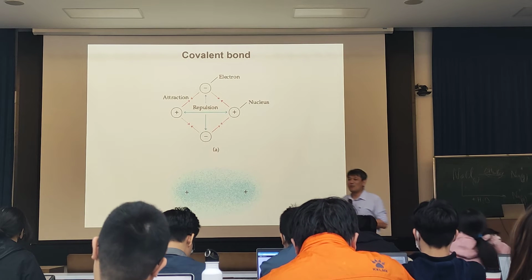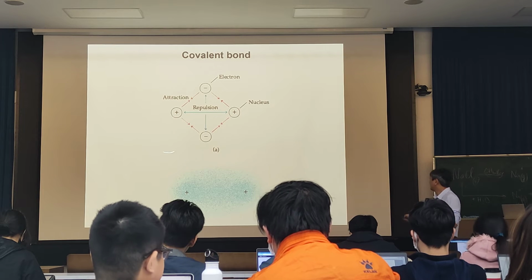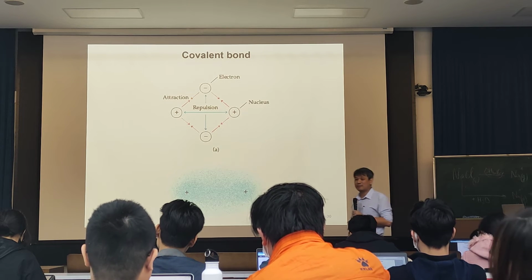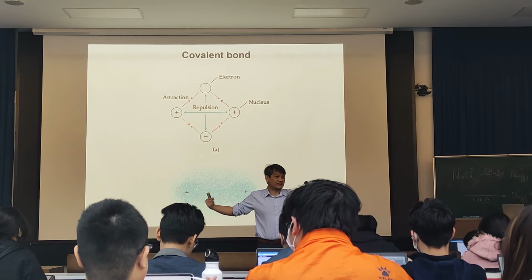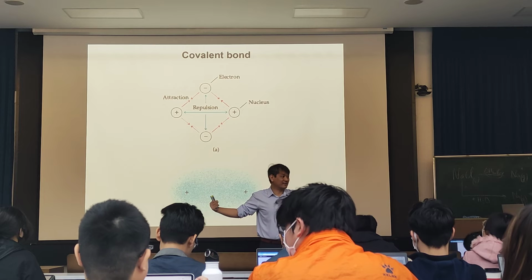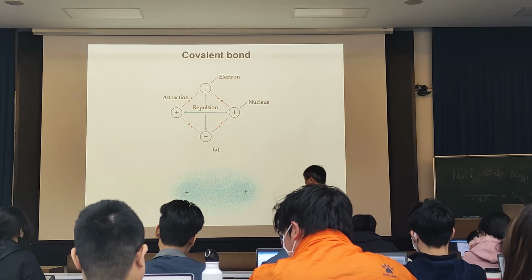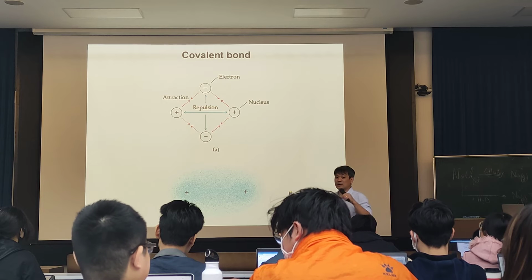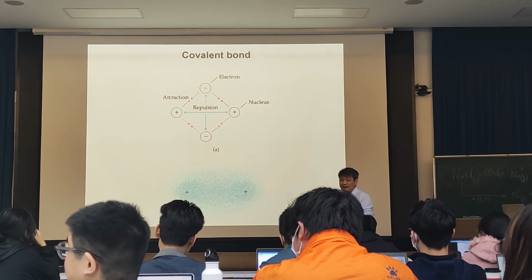Okay. So why do we need a covalent bond? Because the two nuclei are both positively charged. So they try to expel each other to get as far as they can, because they try to lower the potential energy, right? So if you want to keep them at a good distance to make a bonding, you need to share something which is a negative charge.